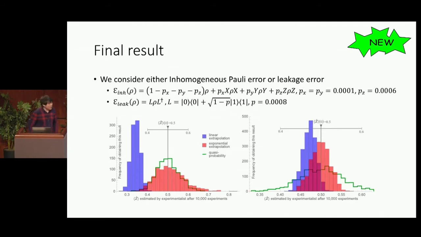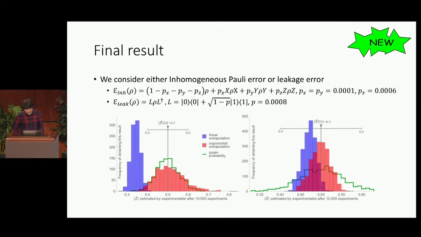Here, the red bar is the result by exponential extrapolation, while the green line is the result by the quasi-probability method. You can see that for the inhomogeneous error case, the quasi-probability method works slightly better because the variance is slightly smaller.